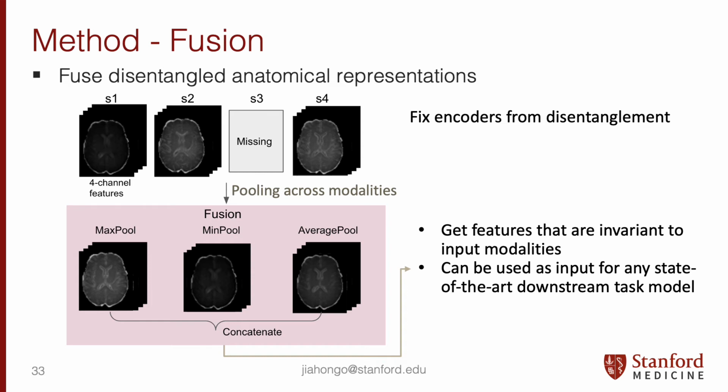In the fusion module, we use max pool, mean pool, and average pool across modalities, and concatenate the pooling features together as the output of the fusion module. This concatenated feature should be invariant to the input modalities, as the anatomical representation does not include modality information. And also, this concatenated feature can be used as the input for any state-of-the-art downstream task model.